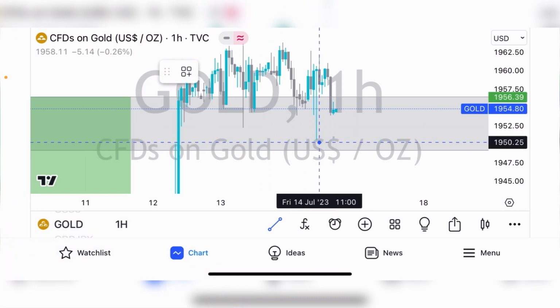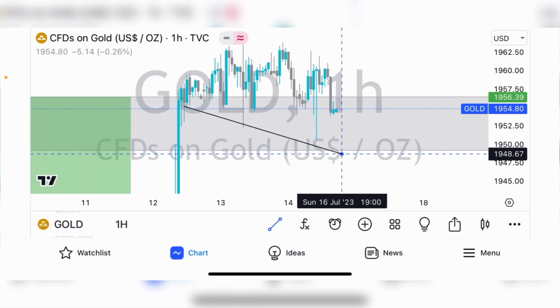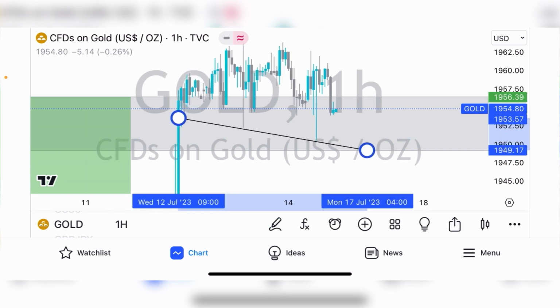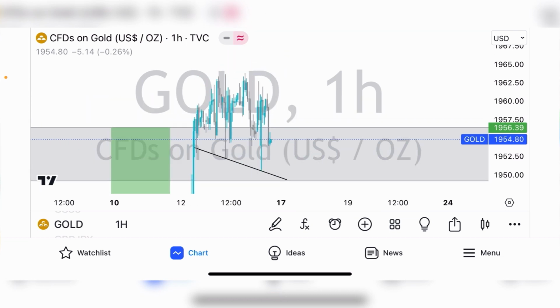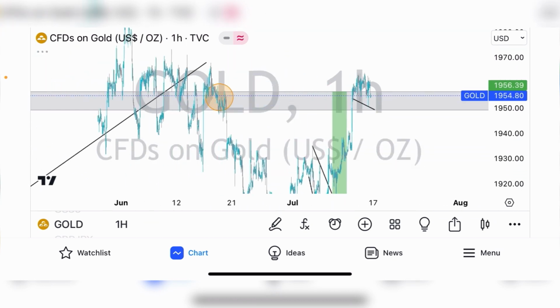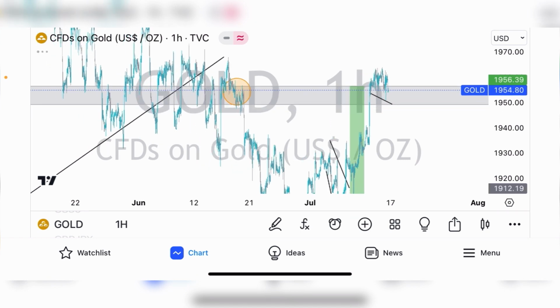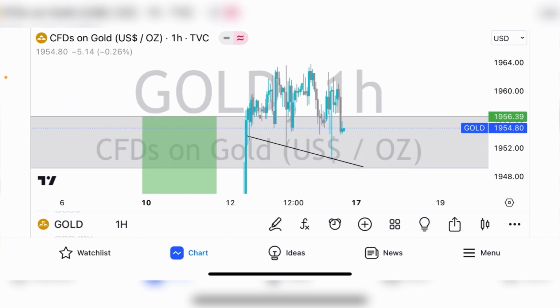Gold, come on. Not much of a clear structure on gold, but then we can see what's actually going on here.